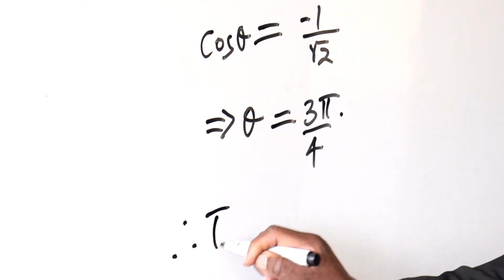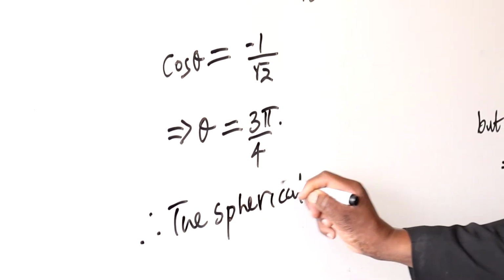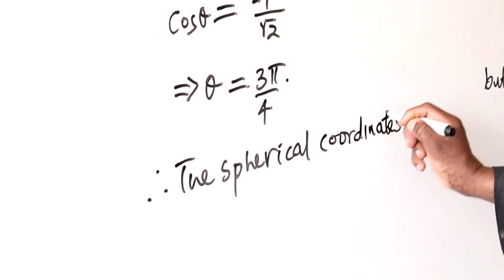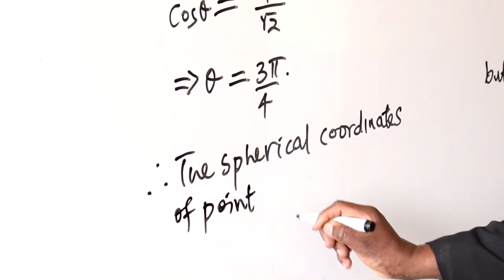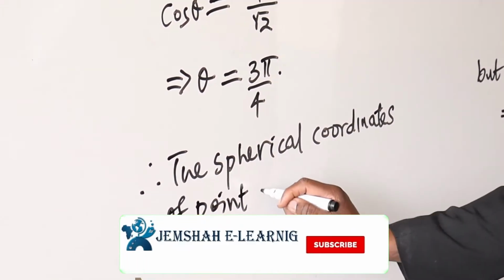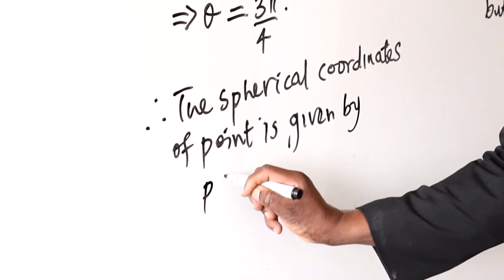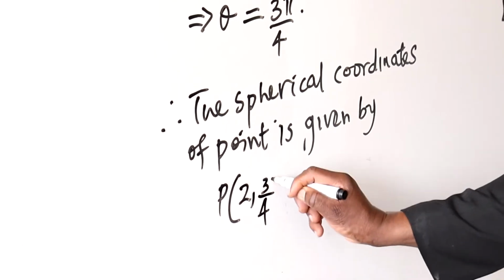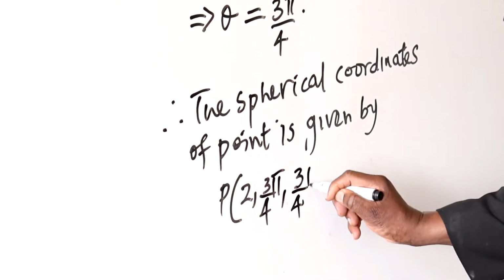Therefore, the spherical coordinates of point P is given by P into rho 2, theta 3 all over 4 pi, phi 3 all over 4 pi.